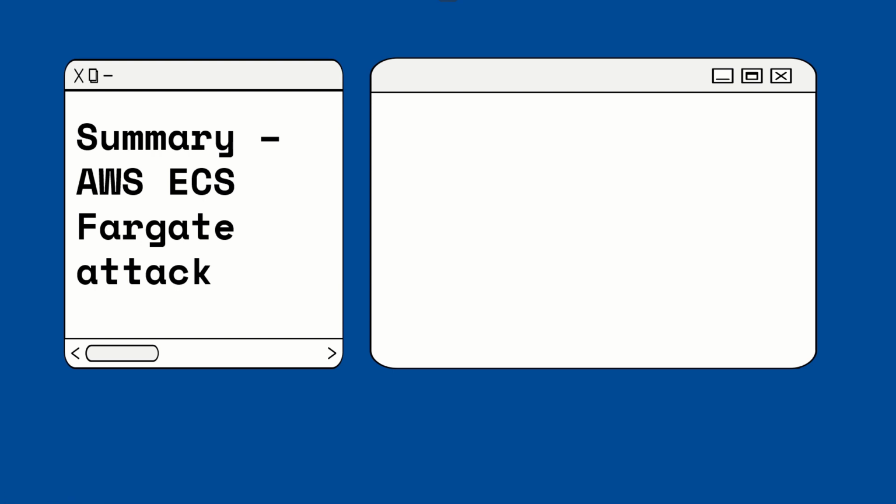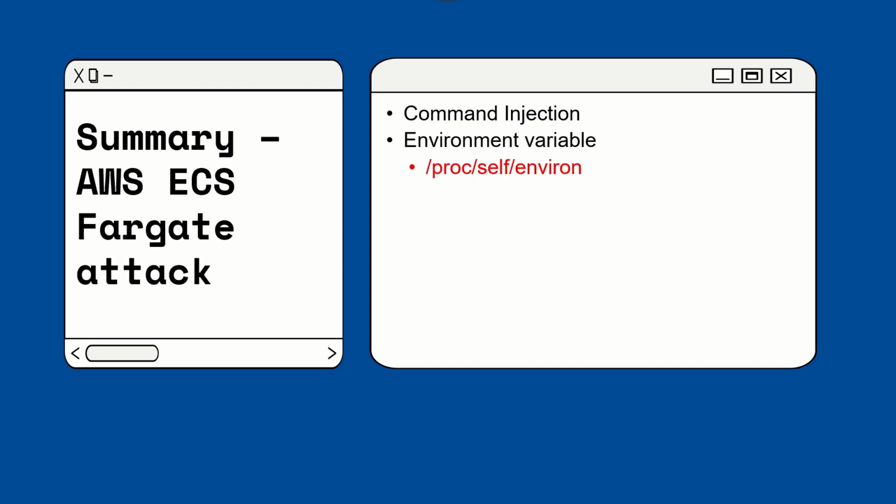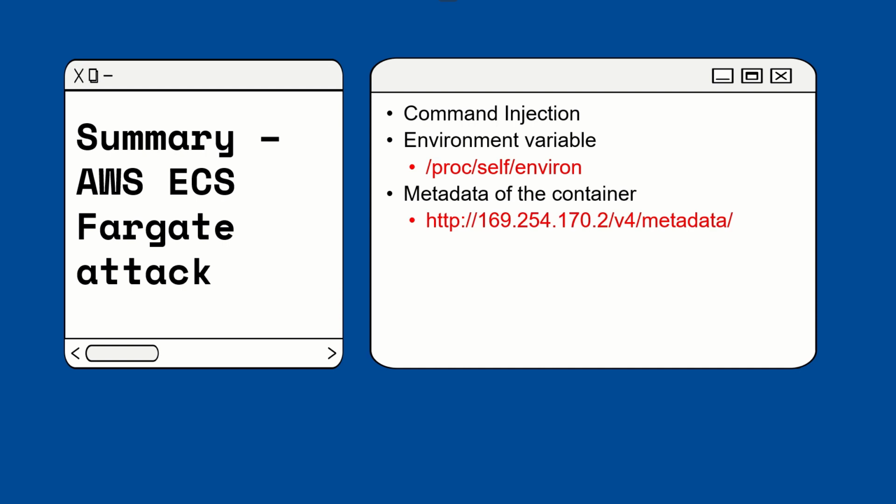So let's summarize this video. First off, I found the application that is vulnerable to OS injection or command injection. Then I found the environment variables for the container, stored in the /proc/self/environ file within the container's file system. Then I looked for the metadata of the container, which is stored at this particular IP /v4/metadata.